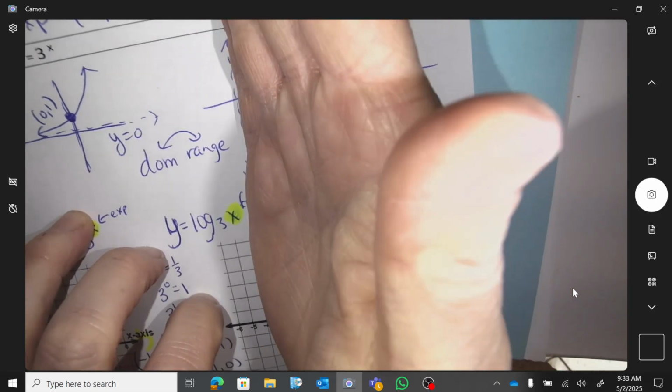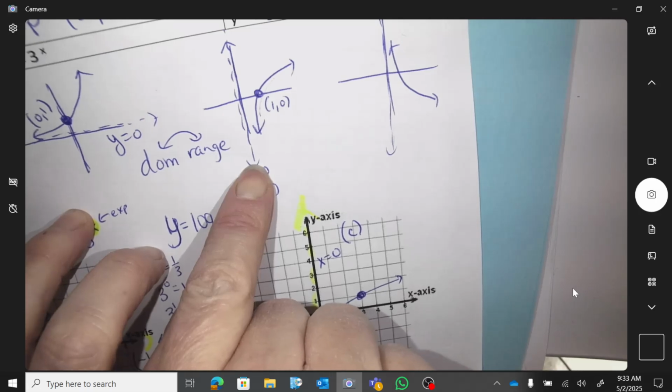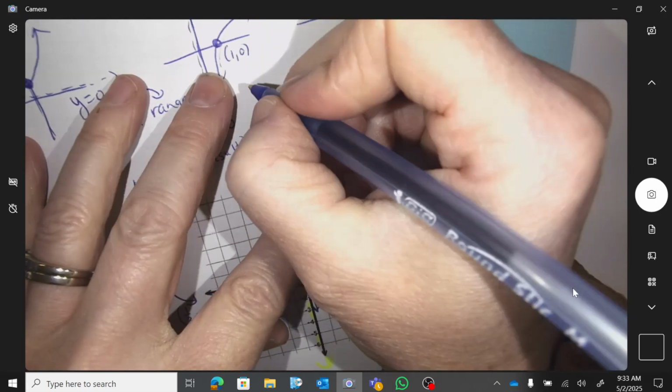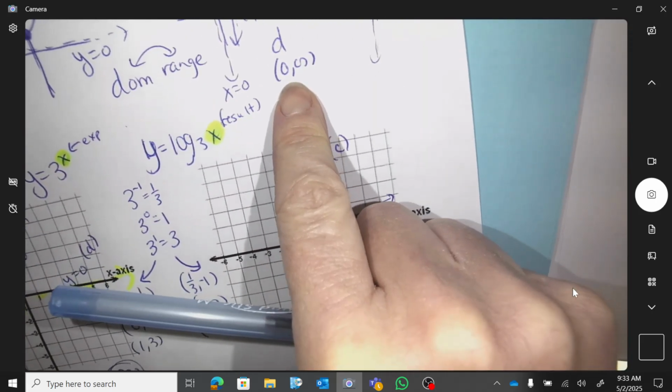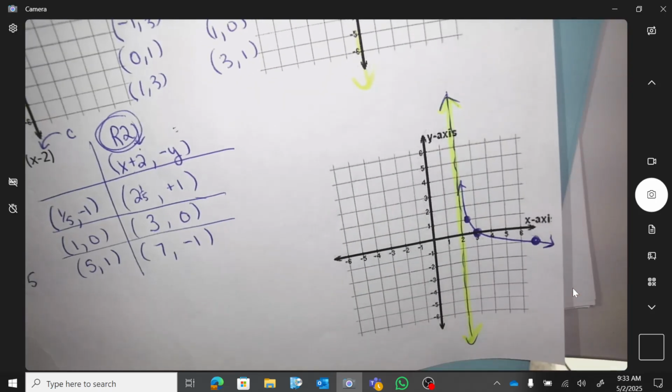The domain is only positive x values. It doesn't touch 0. You can't be 0. 0 is not positive. Your domain is what? 0 to infinity. Positive on a log. Okay? I feel like there were 10 questions related to that on the last exam. So, results of logs have to be positive.